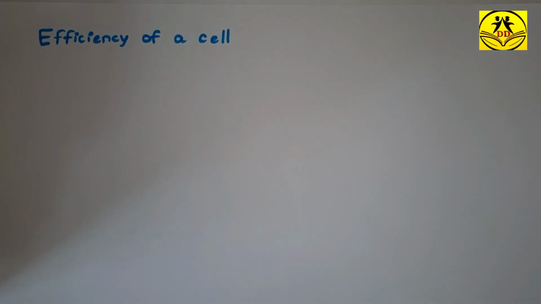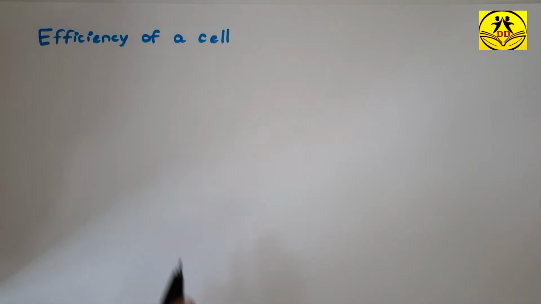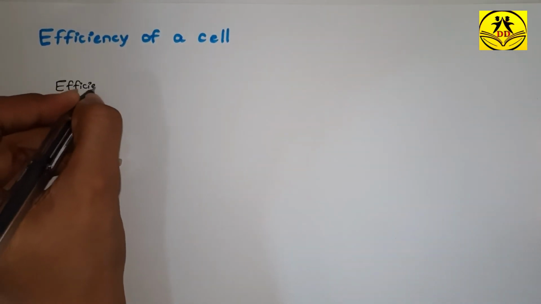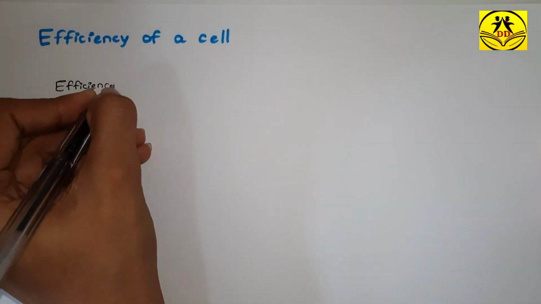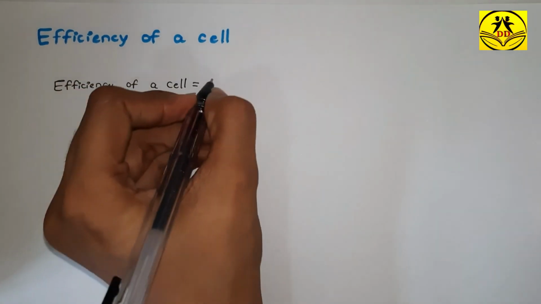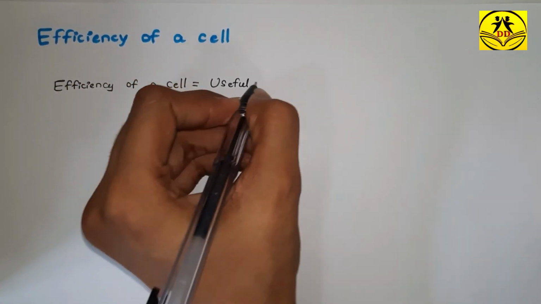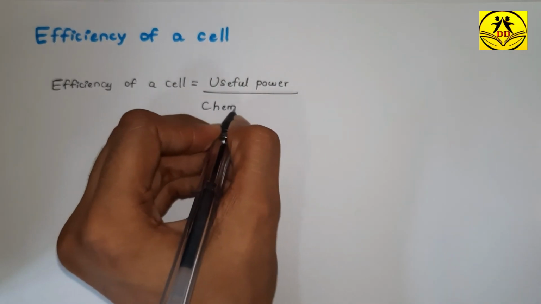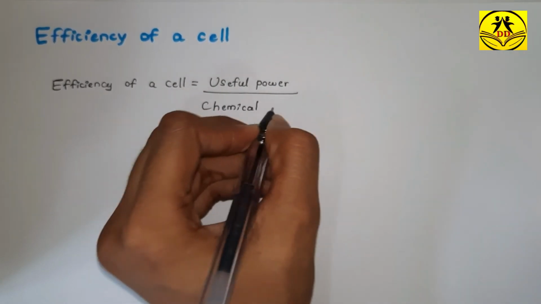Now let's talk about the efficiency of a cell. Now what is efficiency? So the efficiency of a cell is equal to the useful power divided by the chemical power generated by the cell.